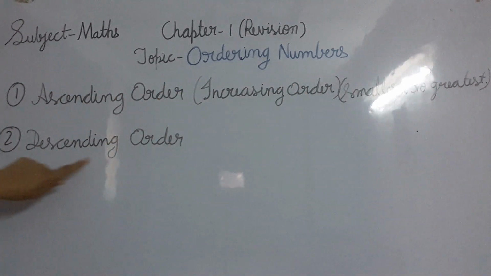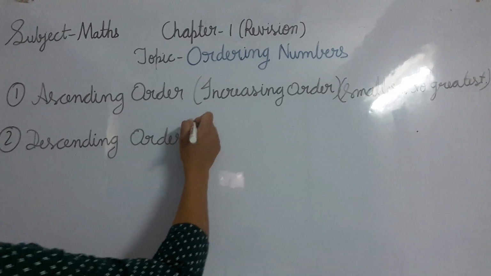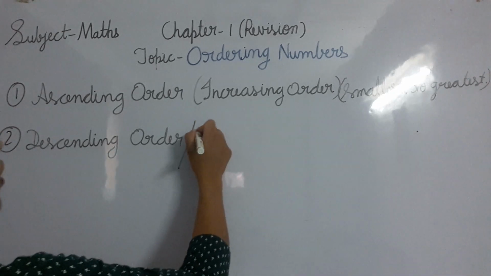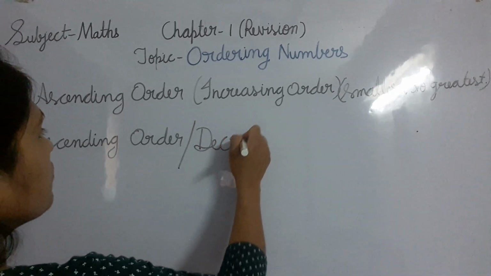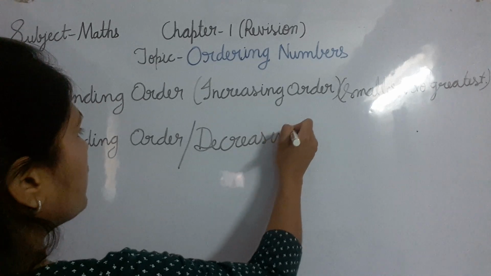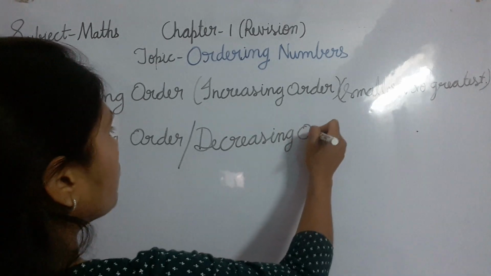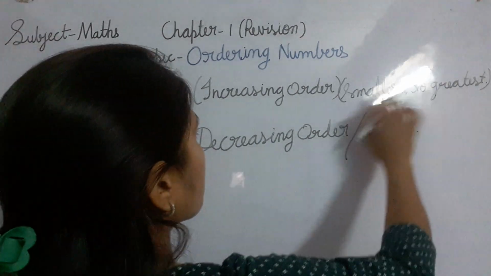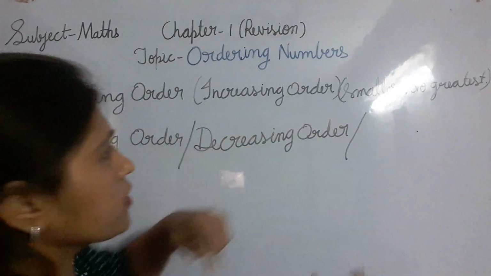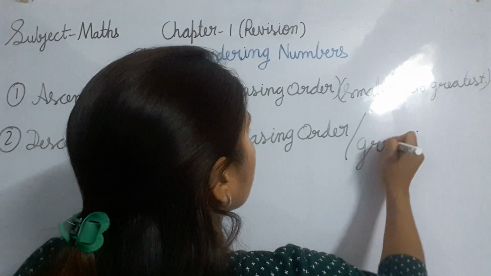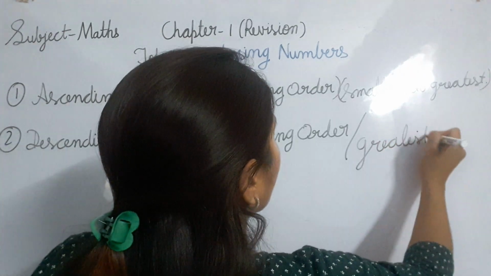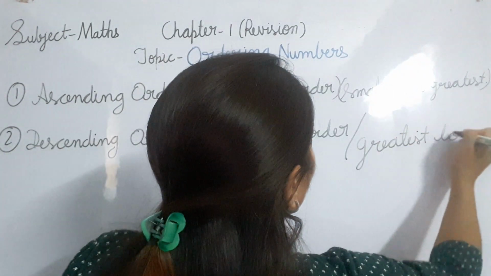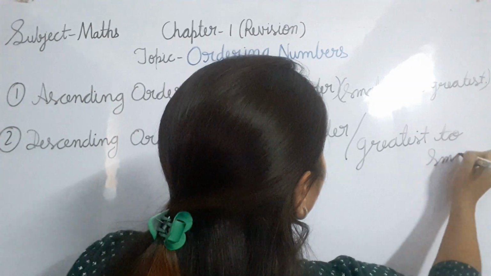The same way for descending order, we have the other name, decreasing order, or you can say greatest to smallest.